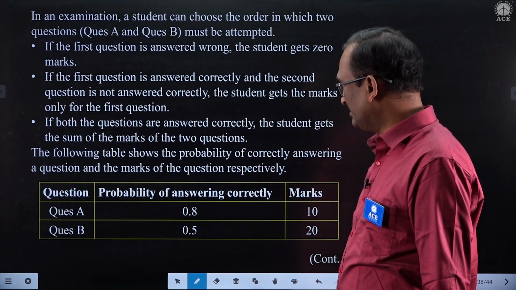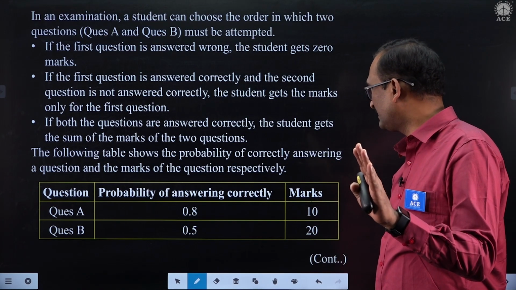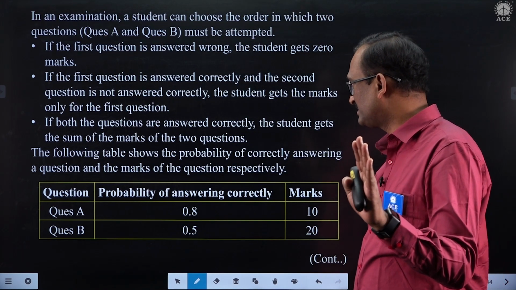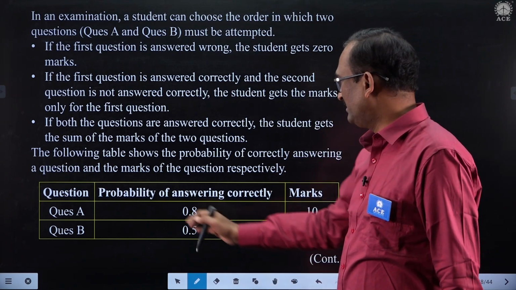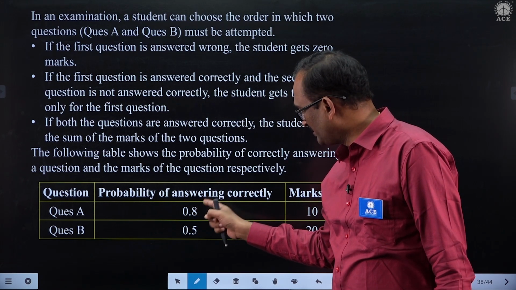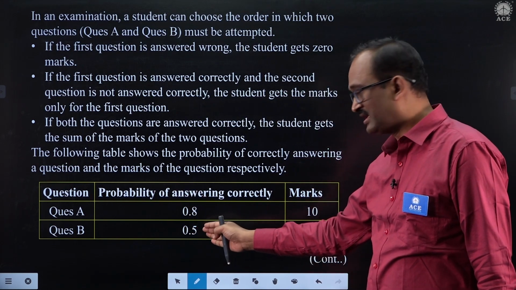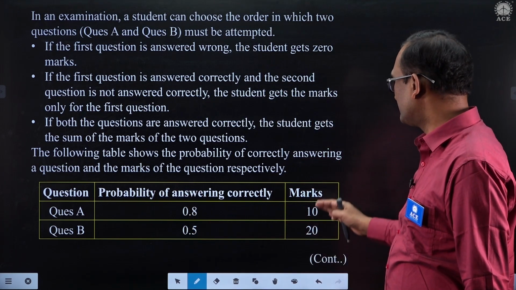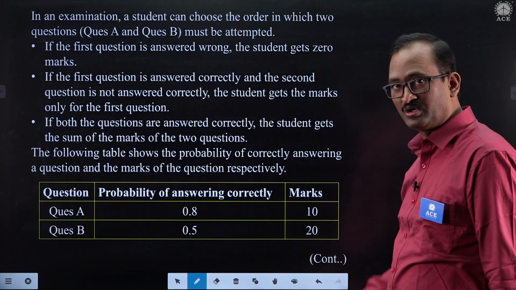The following table shows the probability of answering correctly a question and the marks of the questions respectively. If question A is correctly answered, the probability is 0.8. Probability of question B correctly answered is 0.5. Question A has 10 marks and question B will be given 20 marks.